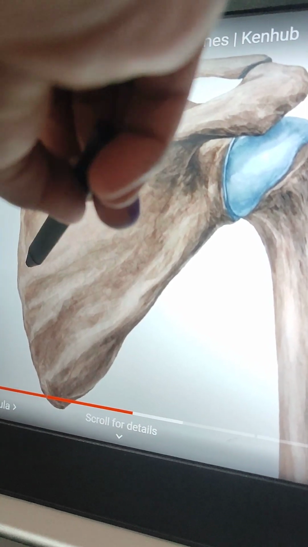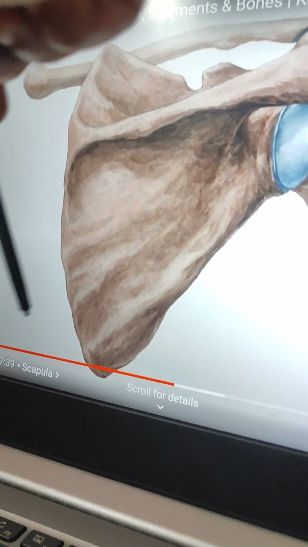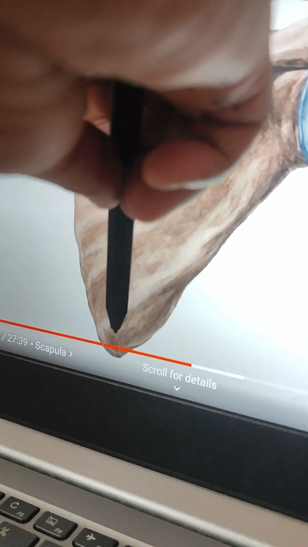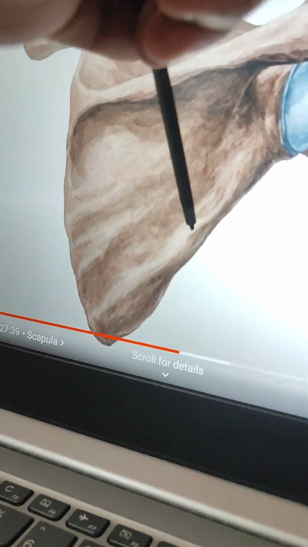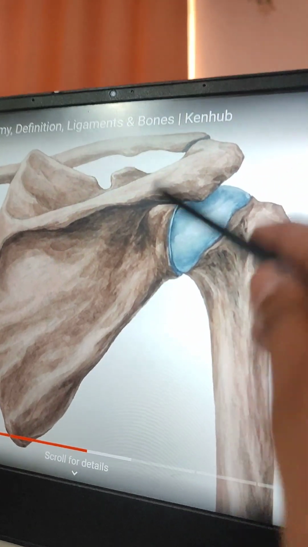And origin of teres major, teres minor, and on the infraglenoid tubercle there is origin of triceps.